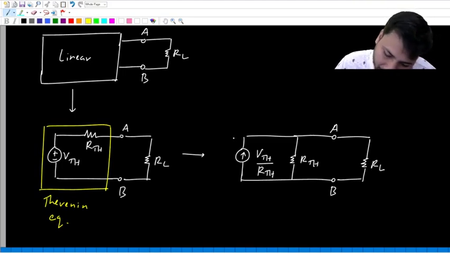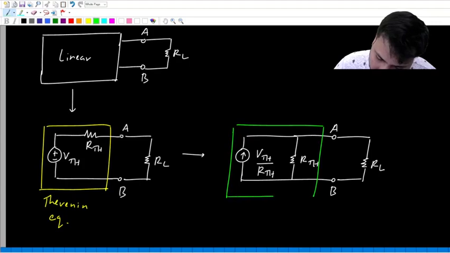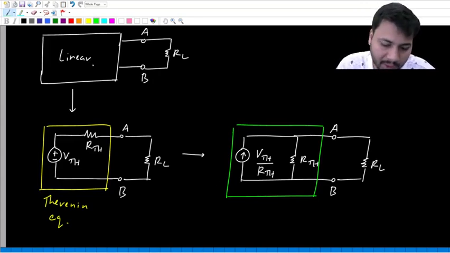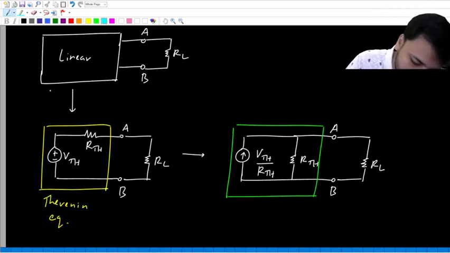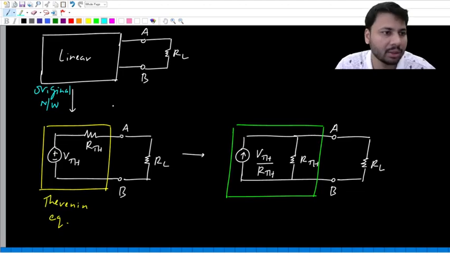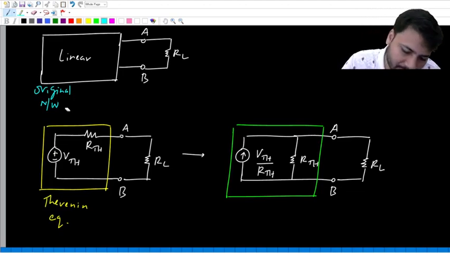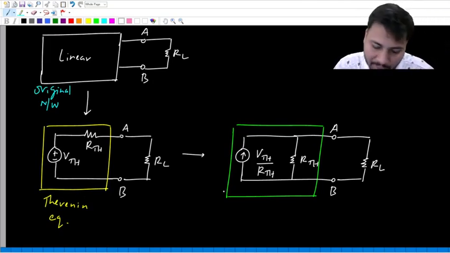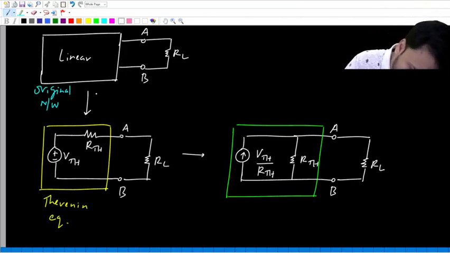Look at this new box. What is this green color box? Even this green color box is some kind of equivalent of the original network. First we replaced the original network with its Thevenin equivalent, and then for the Thevenin equivalent I did source transformation.